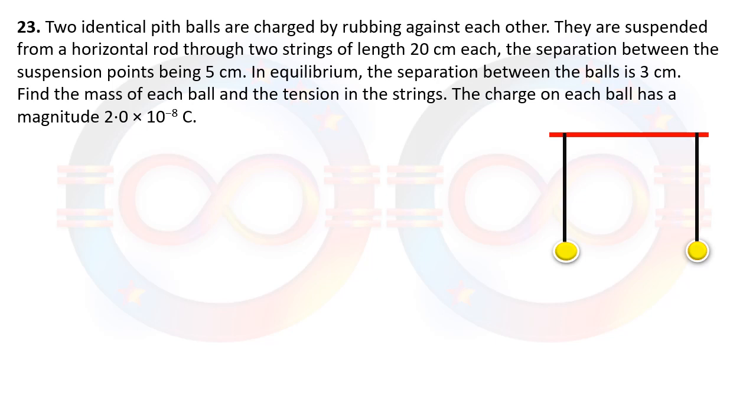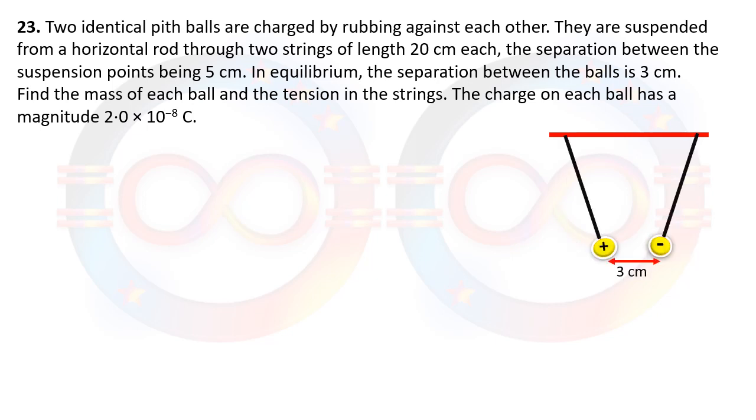If you see the arrangement, they are suspended from two different points. The length of string is given as 20 centimeter, and the distance between the points of suspension is 5 centimeter. But the moment the charge is developed on these two because of transfer of electrons, they come closer to each other, and now the distance between them is 3 centimeter.